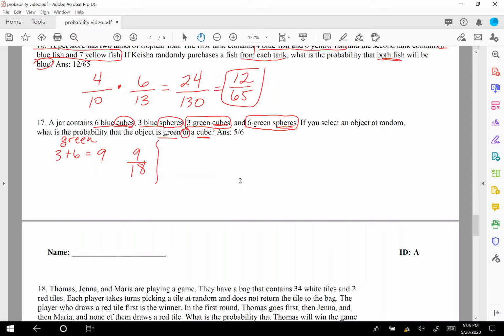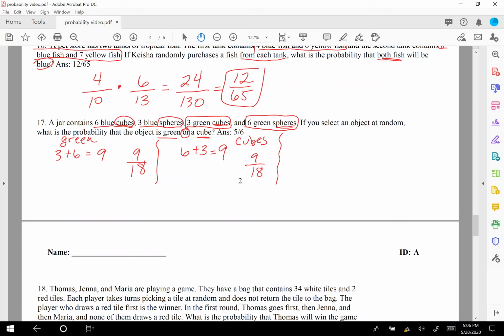Now let's talk about cubes, because that's the other condition. Well, how many of these things are cubes? Okay, we have 6 cubes that are blue and 3 cubes that are green. So again, 6 plus 3, that's 9. And this is cubes. So we have 9 out of a total of 18 objects that are cubes.